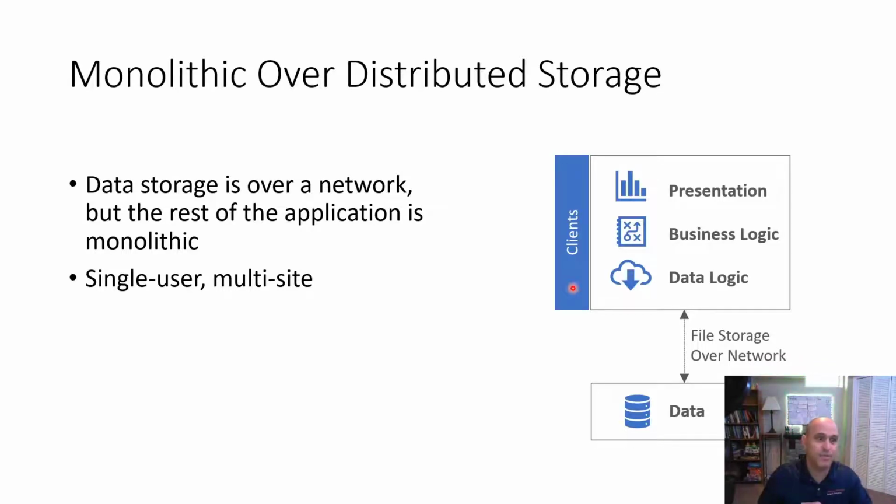Like maybe on my to-do app, I save the to-dos to the cloud in Google Drive, and then when I open up my iPad and use the same to-do app, it reads those to-dos from Google Drive. So in that way, all the presentation, business logic, and data logic is on the phone or the iPad, but the data itself is stored somewhere in the cloud, and it can be used in 2 places.